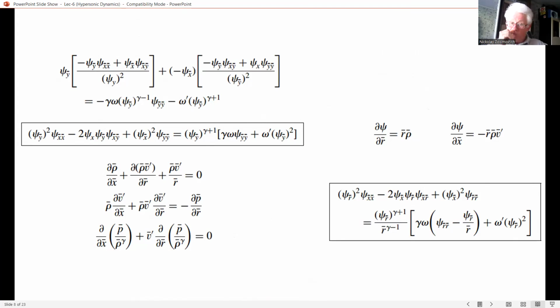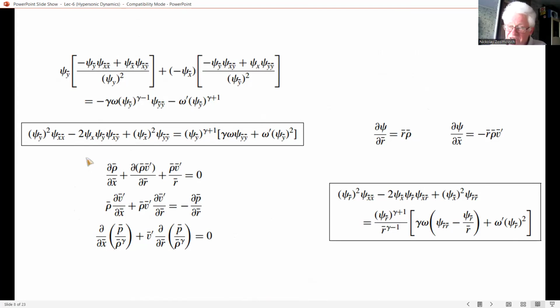Okay? So for this case, the governing hypersonic small perturbation equations become as these on the left part of the slide on the bottom. These are the same equation as the previous slide, except for the additional terms in the first equation.